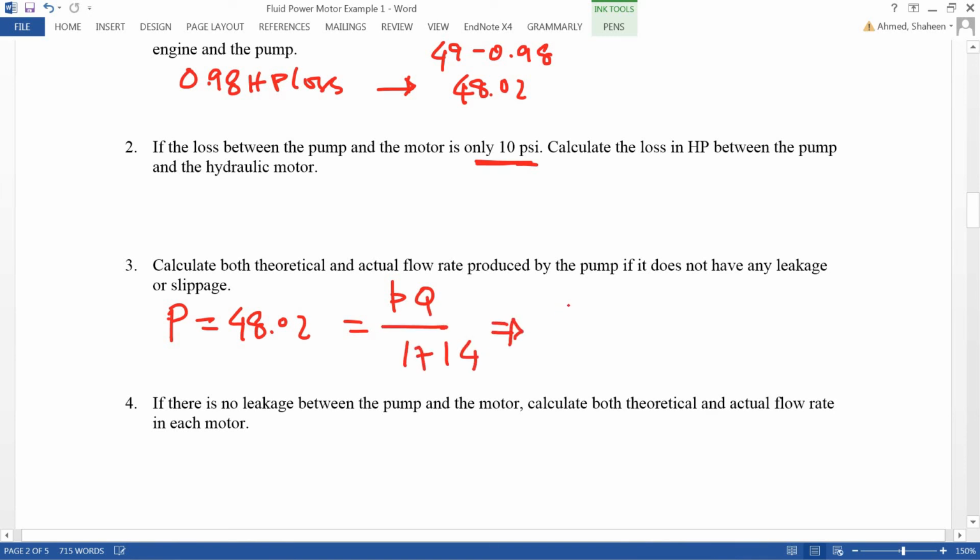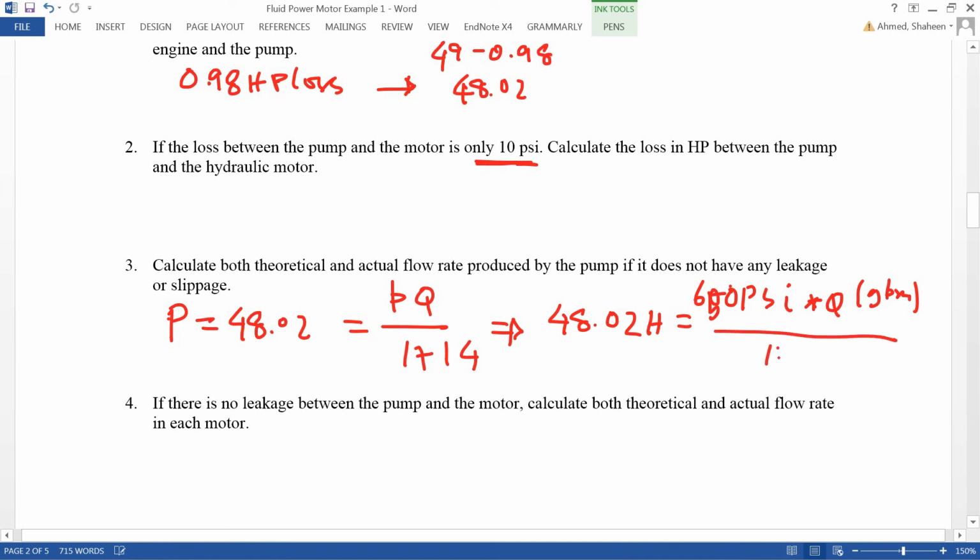We know the pressure developed by the pump is 650 psi, Q will be in gallons per minute, and the conversion factor is 1714. So Q is 126.6 gallons per minute. That's the answer for this question. It's going to be the same for both theoretical and actual because there is no leakage.